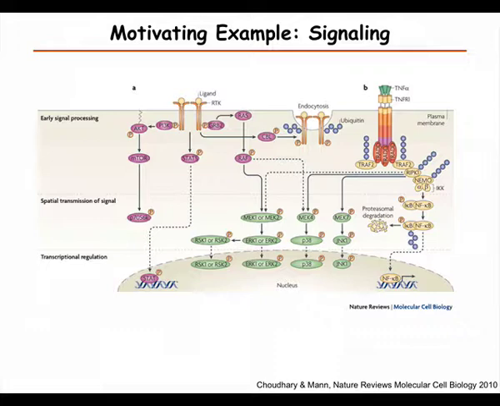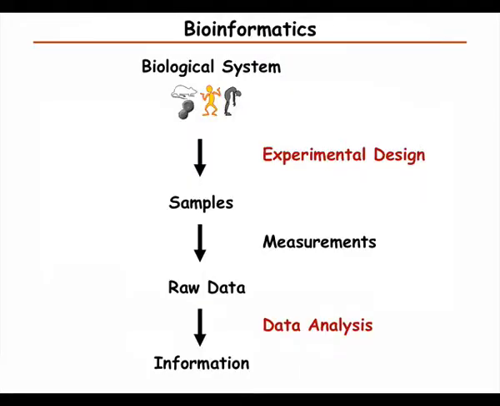The signal goes into the nucleus and then leads to transcriptional changes. But to understand these signaling networks, we need to know where the phosphorylation is and how it changes as a function of the stimuli. So these are a few examples.